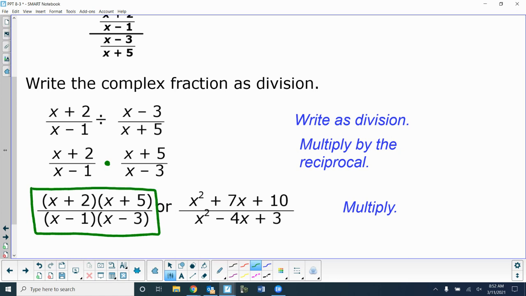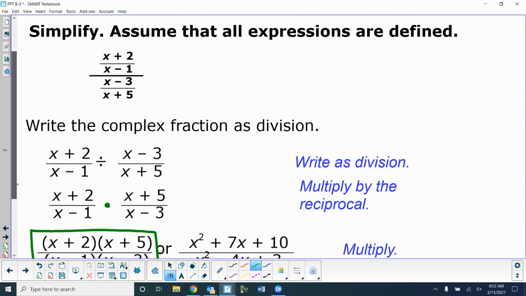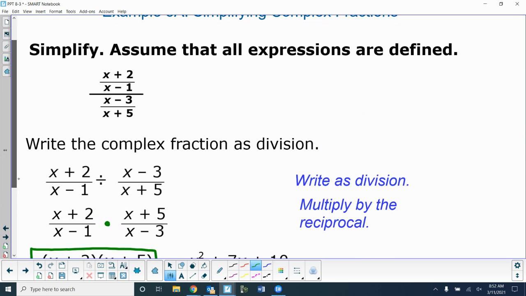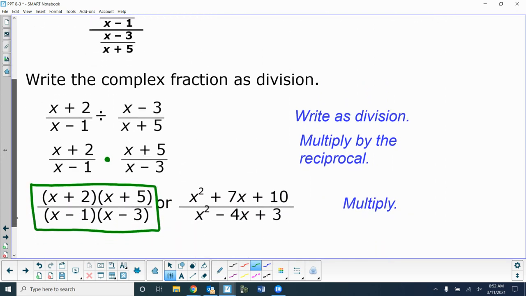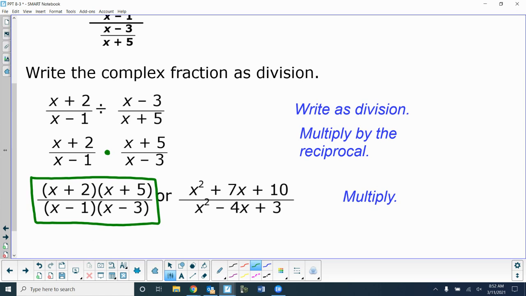That easy. Not gonna ask you to find restrictions. Right, assume that all expressions are defined, so you don't have to do that part. The x cannot equal stuff. Okay?